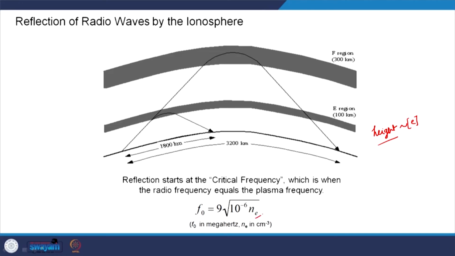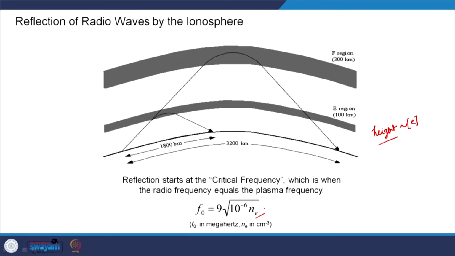Here Ne is the electron density. Ne defines the plasma strength. The number of electrons or ions present per unit volume will decide the frequency of that particular plasma. Now, if this frequency becomes equal to the incoming radio wave frequency, then the reflection will happen, right.